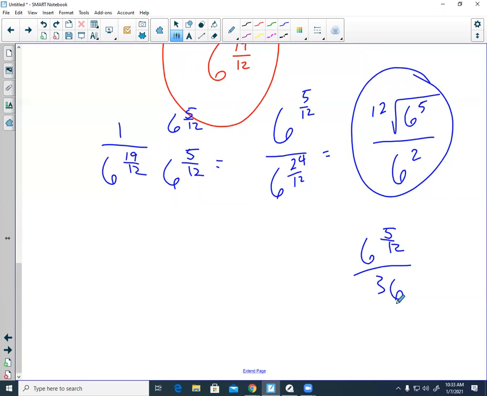Correct. When it's not perfect, right? Yes. When the exponent in the denominator is perfect, when it's a whole number, you don't do anything with it. When the denominator's exponent is a fraction, that's when you have to fix it.